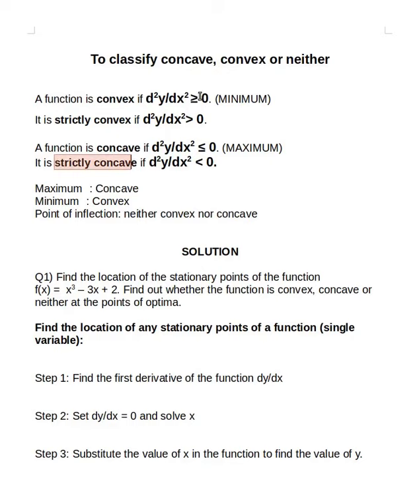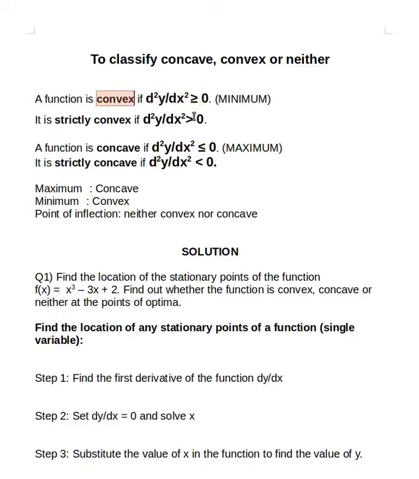So in this example, for convex and concave we have this equal condition. That is, d square by dx square less than or equal to 0, it is said to be concave, and when the second derivative is greater than or equal to 0, then it is said to be convex.